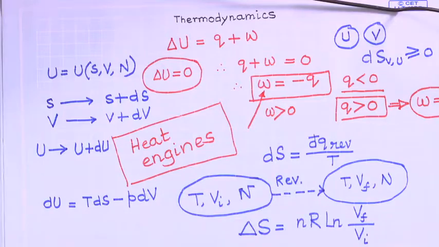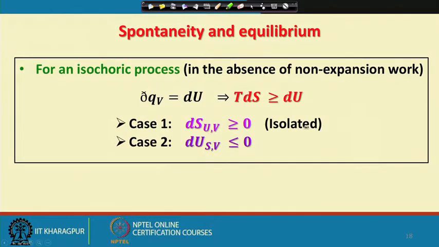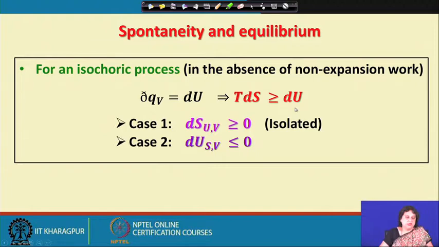Why is that so? That is because if I have an isolated system, then having a constant U, this goes to 0, and therefore, dS under such condition must be greater than or equal to 0.